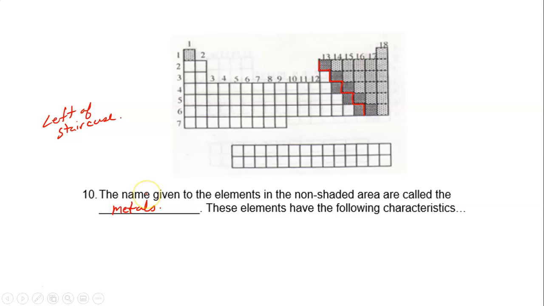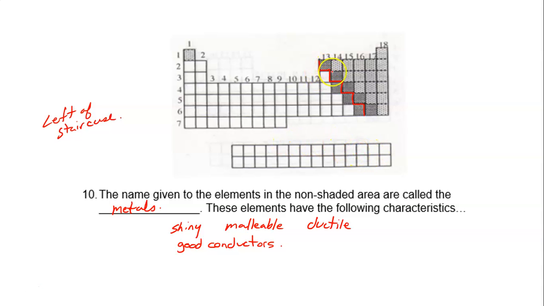The metals are known for being quite shiny, malleable, ductile. Malleable means you can hammer it into a sheet. Ductile means that you can stretch it into a wire, and being good conductors. Now that would be both heat and electricity, right? And that's all these non-shaded ones here.